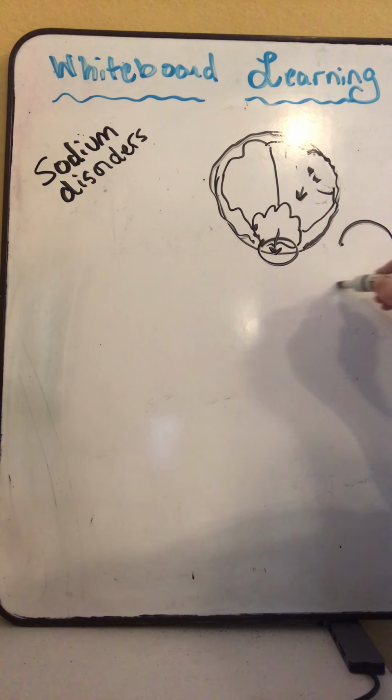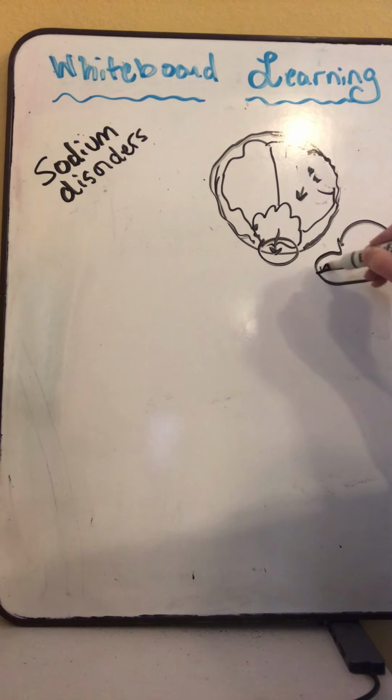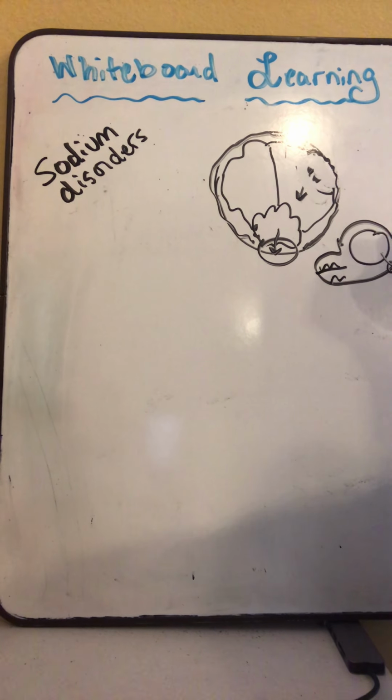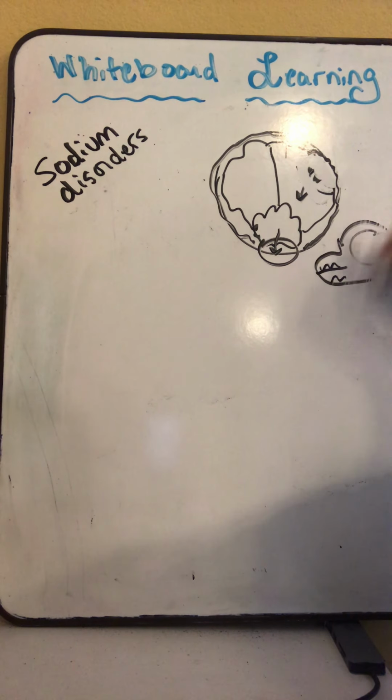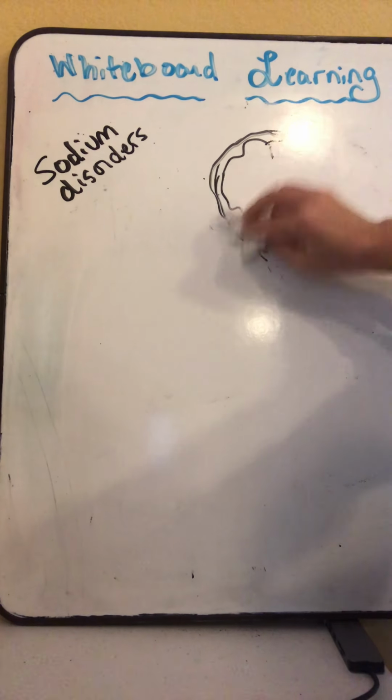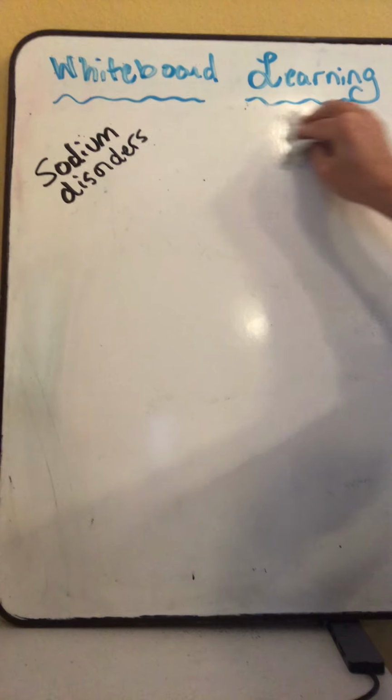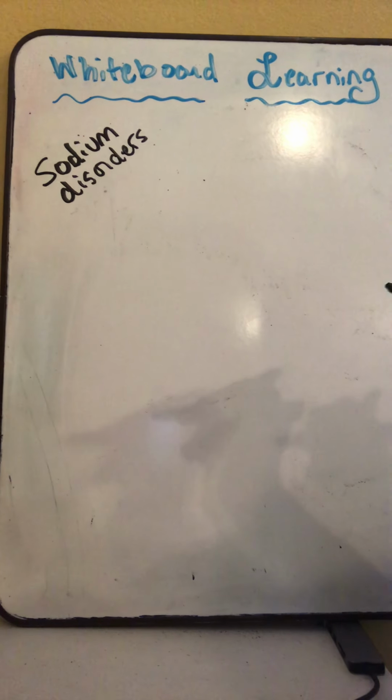If you're looking at a skull curve this way with teeth, I'm a very bad artist, you know that. Then the brain here could herniate out here if it's swollen too much. And you hear a lot about head trauma. Why patients die is from brain swelling, but that has nothing to do with sodium. So let's talk about hypernatremia and hyponatremia and why that is a problem.